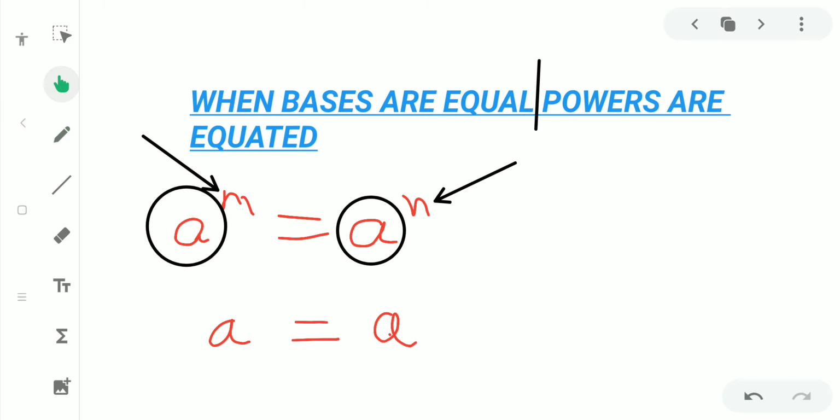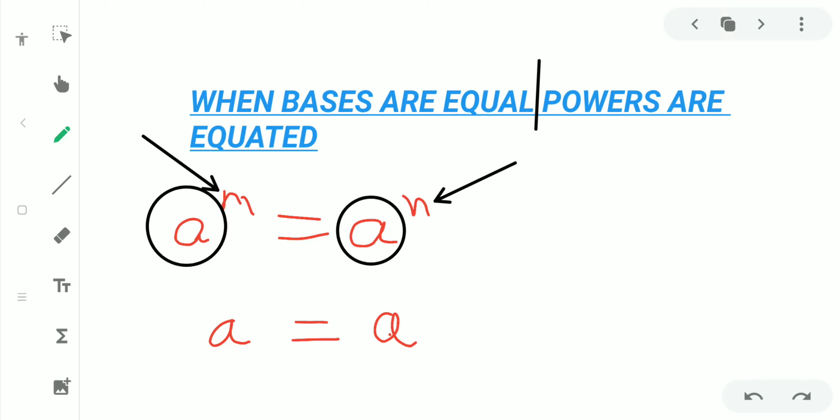Next, what is given? Only when the bases are equal, powers are equated. So what are powers? The ones which I represented with the black arrow are the powers. So when bases are equal, that is A is equal to A, the powers, that is m, will be equal to n. Powers we can also equate.